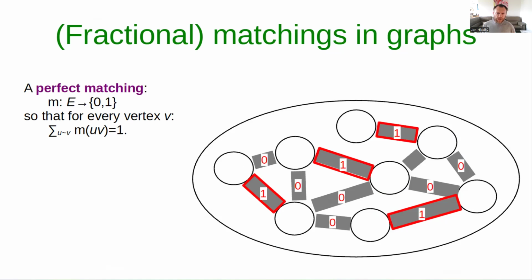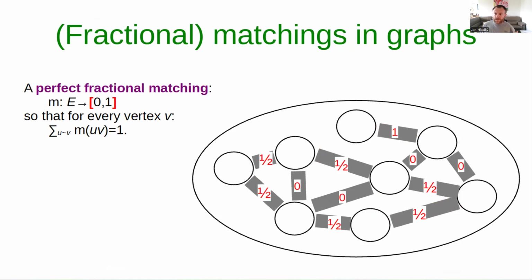A perfect matching in the cluster graph, what does it mean? I'm just doing basics of combinatorial optimization now. It would just mean assigning an integer 0 or 1 to every edge in such a way that the sum of the weights of the edges incident to any cluster is exactly 1. And I don't have an argument that this always happens.